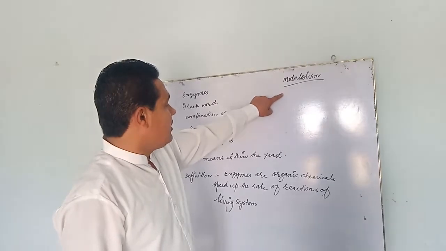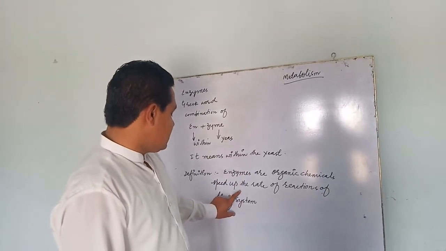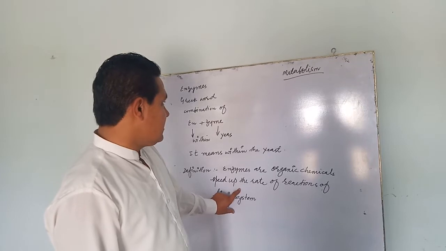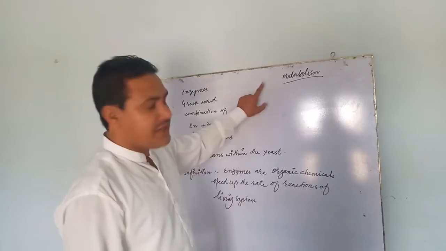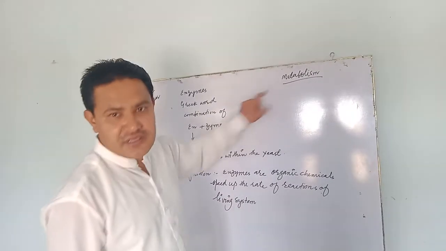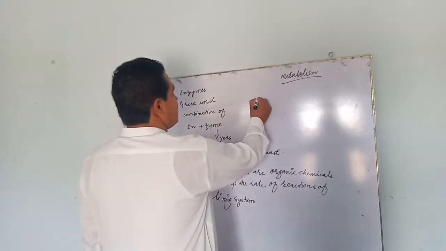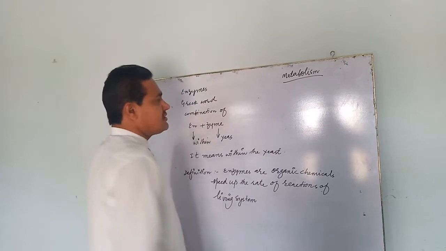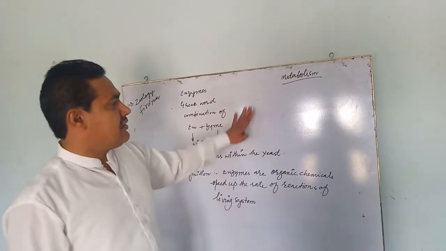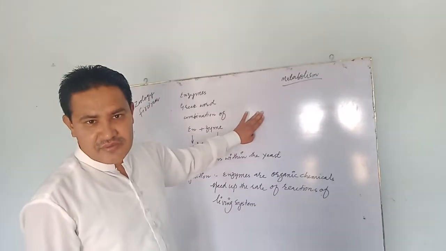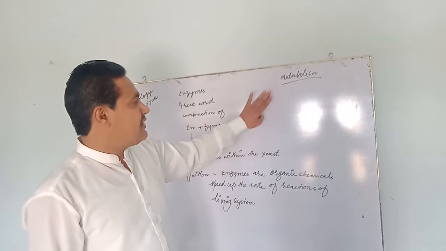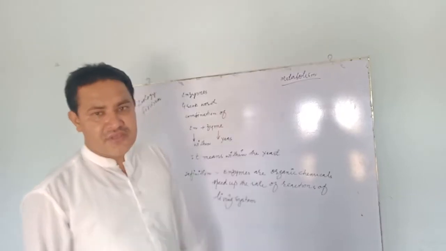Now, what is the function of enzyme? Enzymes help in the metabolic reactions of the body. Simply, we can define enzymes as those chemicals that help in the metabolic activity of the body.